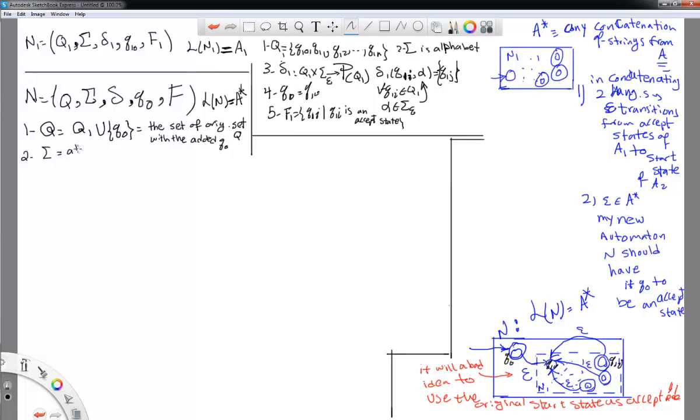So Sigma is the alphabet. Since it's basically the same language, the alphabet is going to be equal to Sigma sub 1, so I'm going to keep this same alphabet, nothing added to it. Then the delta will be from the set Q and Sigma epsilon over to the power set of Q. The start state is going to be my newly added start state.